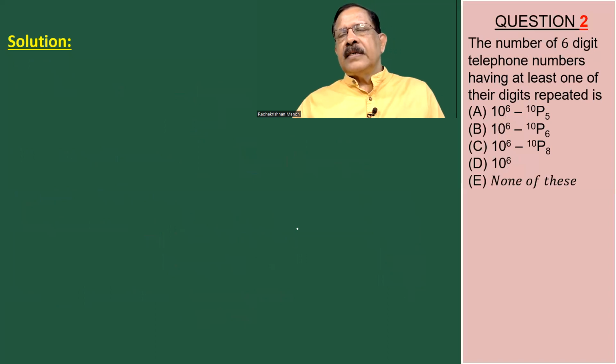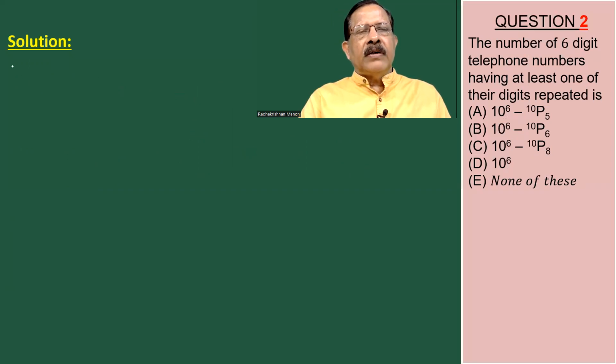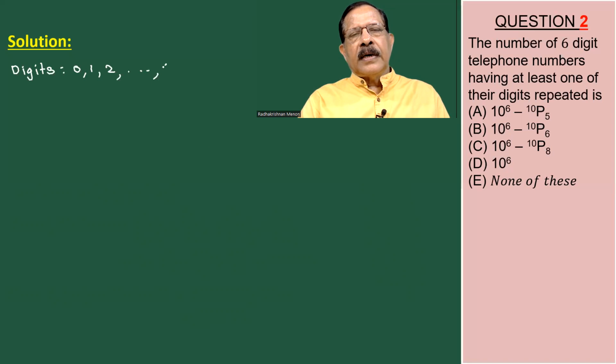Number of 6-digit telephone numbers having at least one of their digits repeated. So we have got 10 digits, starting from 0, 1, 2, etc. up to 9. A telephone number can start with the digit 0. See, a telephone number always can start with the digit 0 also.